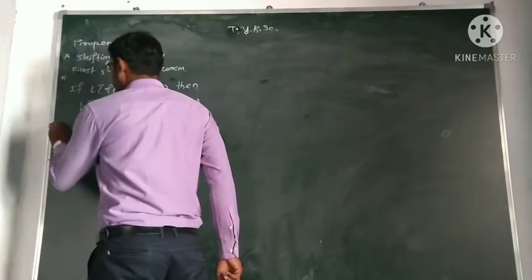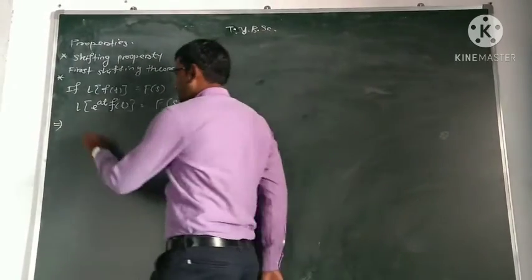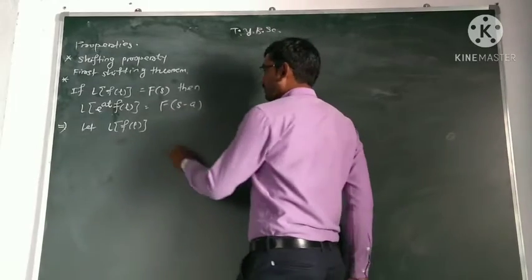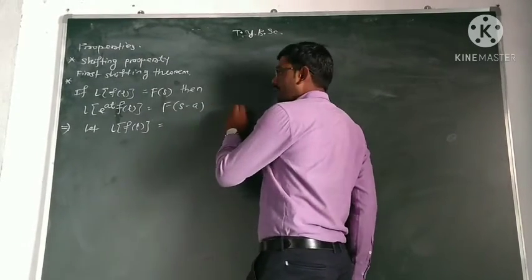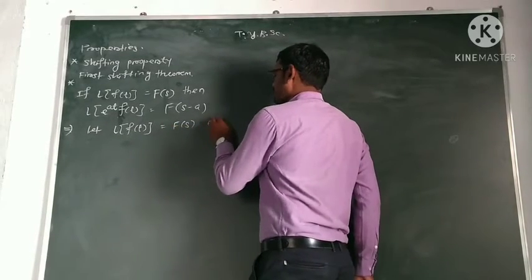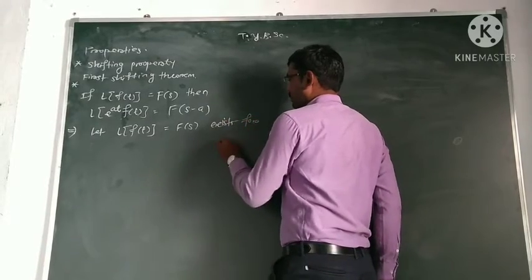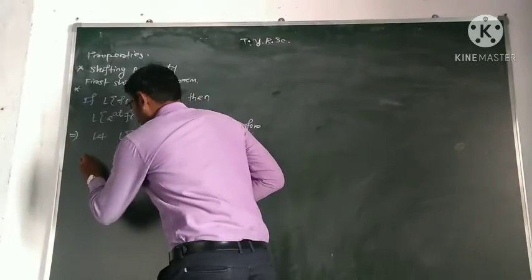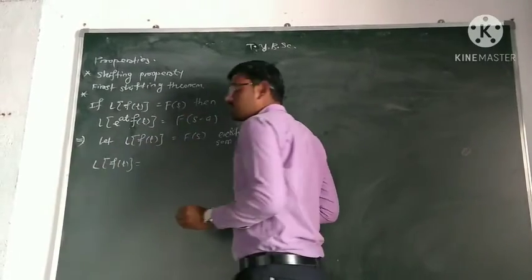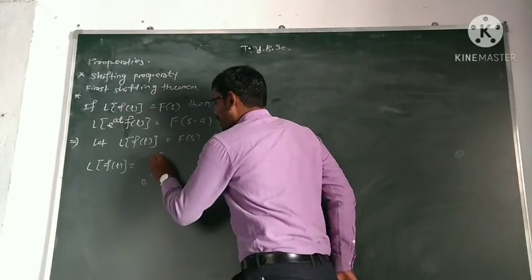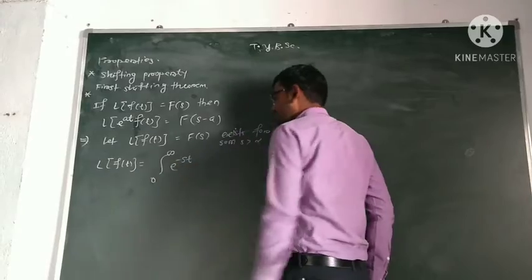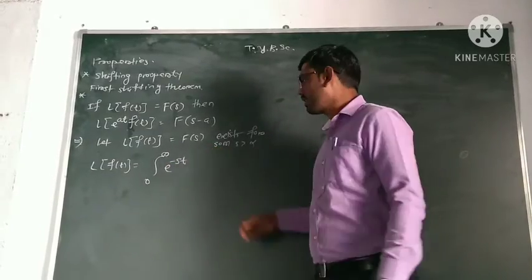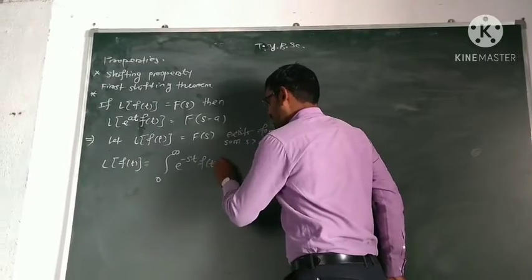Okay. So the proof is very simple. Let Laplace transform of f of t be equal to F of s, which exists for some s greater than alpha. Now we know the definition: Laplace transform of f of t is equal to the integration from 0 to infinity of e raised to power minus st into f of t dt.